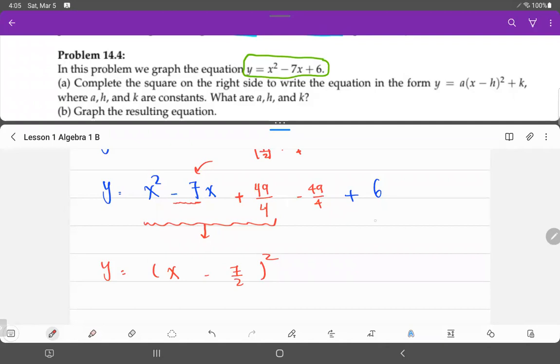Then what happens to the last 2 guys? Yeah, we add them, no problem. So add this -49/4 plus 6. Just add the fractions, we're gonna get -25/4. Make sense?